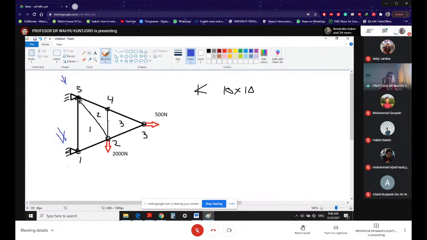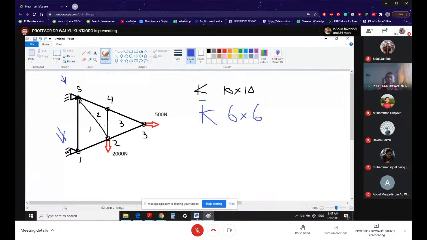But of course, because we have pin joint, D1X, D1Y, D5X, D5Y, they are all 0. So that means for displacements, they are 0 displacement because it is pin joint. That means the K after you introduce the boundary condition is going to be 6 by 6. All right, so that's the way you answer question number 2. Before boundary condition 10 by 10, after boundary condition 6 by 6.